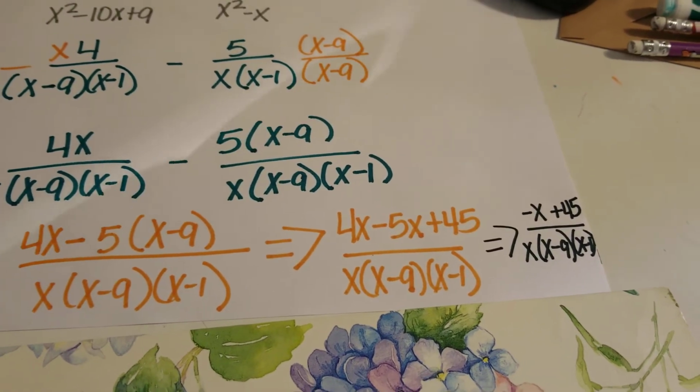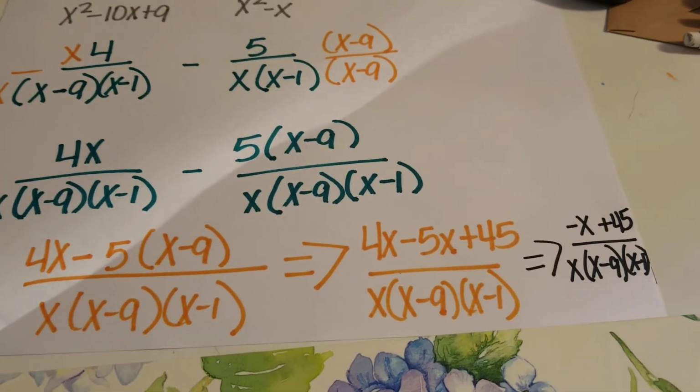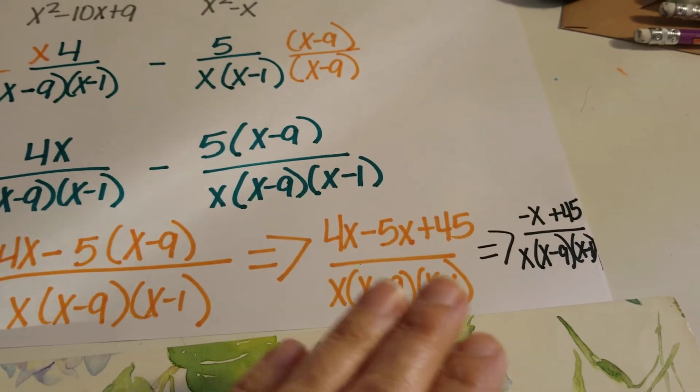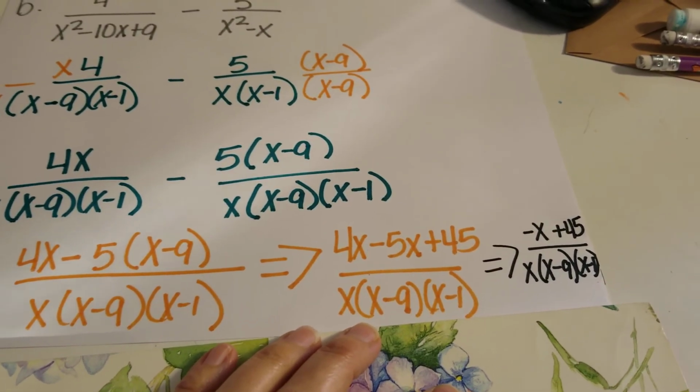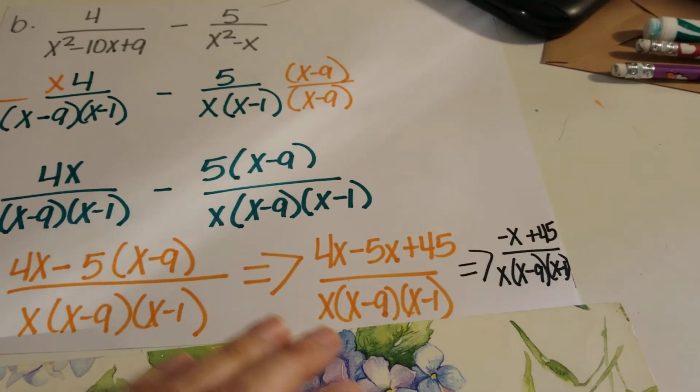I hope I mentioned this in the other example, but we always leave our denominators factored. It's just good math form. So always do that. You don't need to multiply that all out. It's hard, it's time consuming, and actually it's not helpful. When you get into Algebra 2, we're going to need those factored so that we can simplify further.